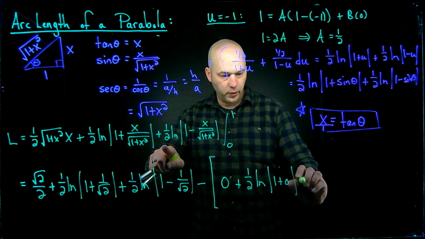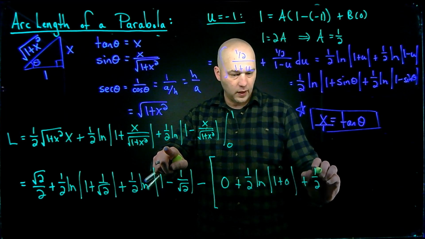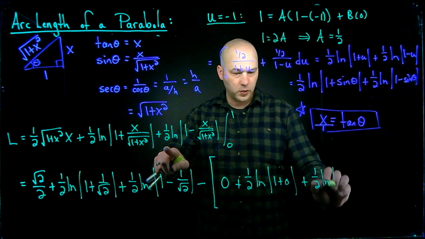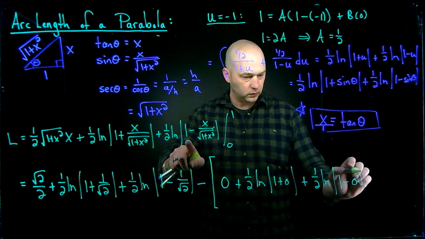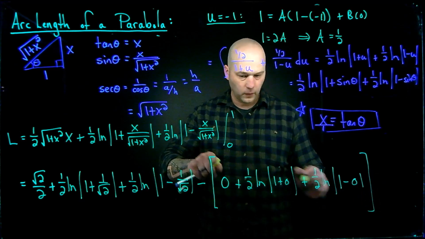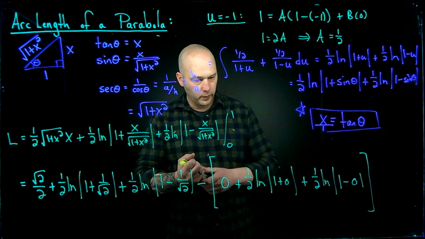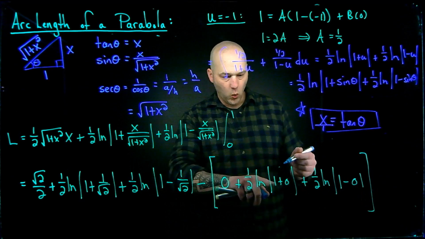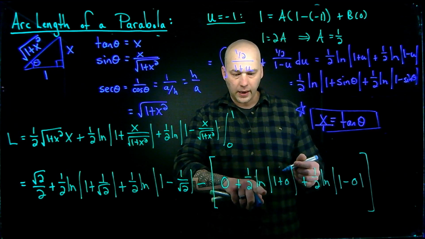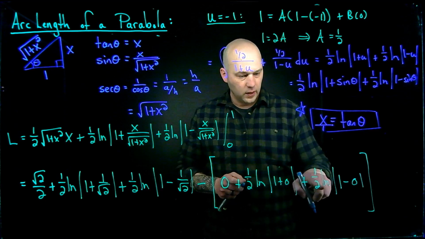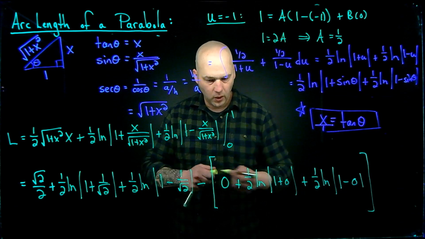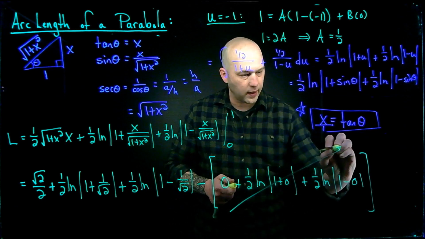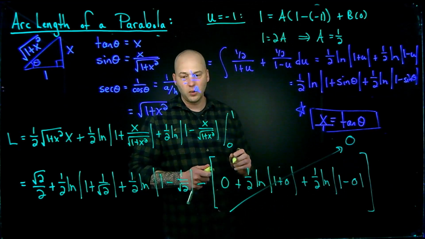And then here I get plus 1/2 natural log absolute value 1 minus 0. Now let's look at the terms within the big square brackets. 1 plus 0 is 1. Natural log of 1 is 0. So that'd be the 0 here as well. So therefore this whole part within the second square brackets becomes 0.